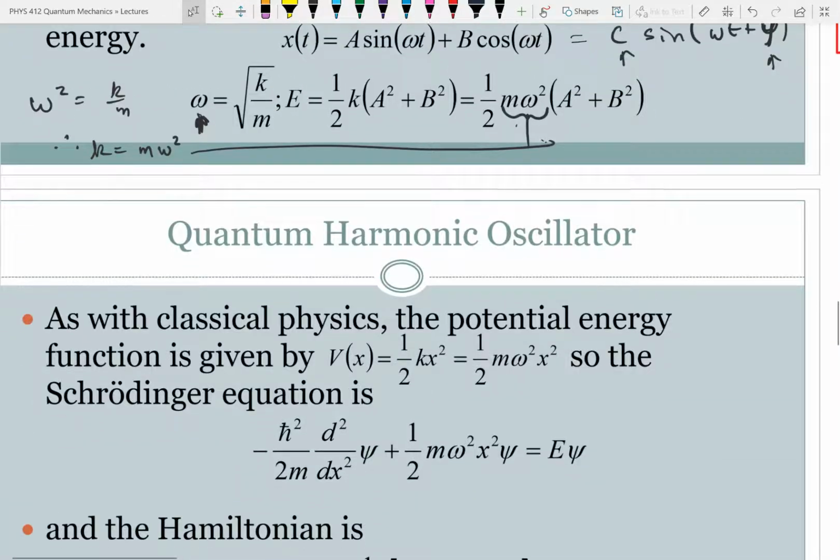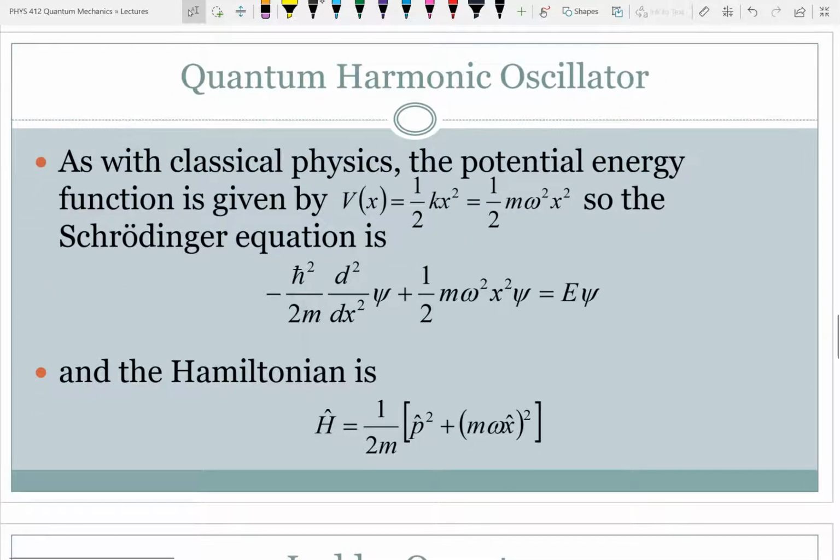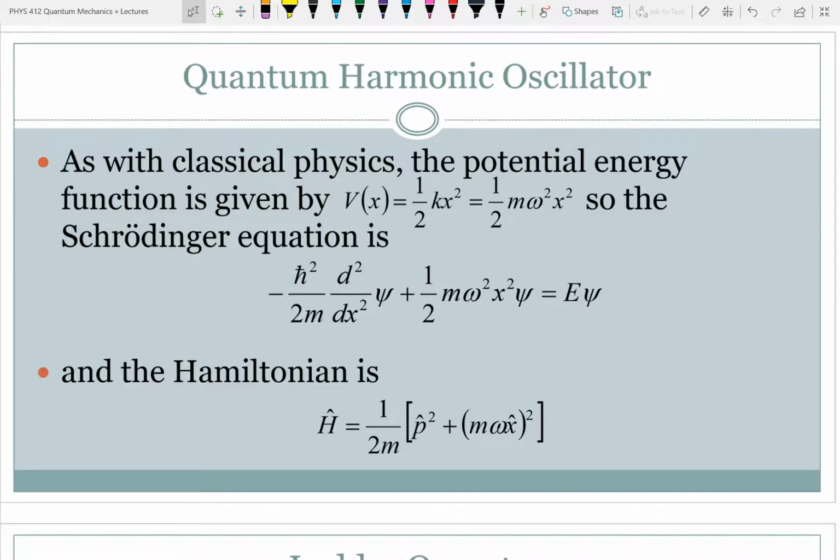Okay, so let's go to the quantum one. For the quantum oscillator, we have our potential energy function that is the potential energy of a spring, right? Simple harmonic oscillator, spring, 1/2 kx squared is the potential energy. And once again, using that substitution, that's 1/2 m omega squared x squared.